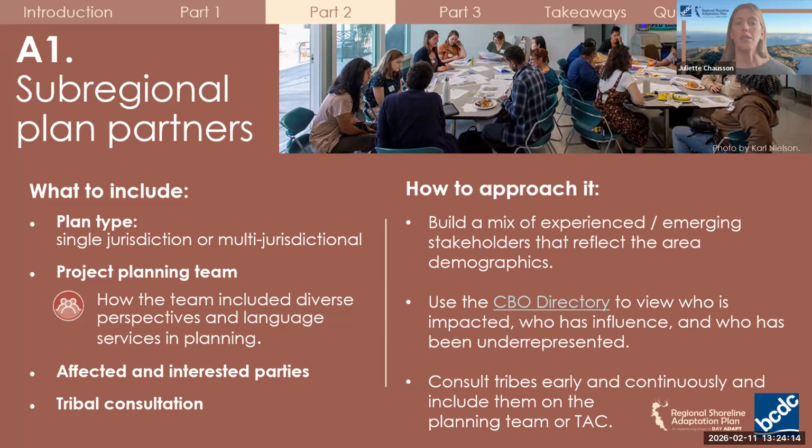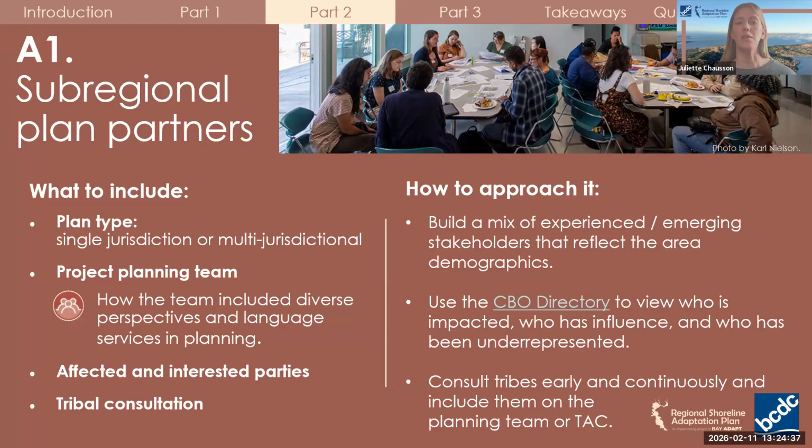Next, you must include your project planning team, and it's important here to make sure that your team represents different government sectors, advisory groups, and key partners. You can find a more robust list of potential planning team members in the guidelines text. You must also describe how you're including diverse perspectives on the team and how language services are integrated into the planning effort.